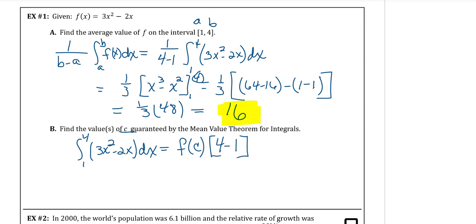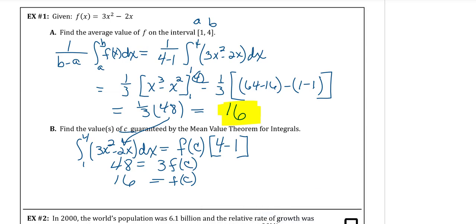We can use that to help us find f of c. We already know that the value of our integral is 48. So 48 equals 3 times f of c, so f of c is going to equal 16. Now we can use that to find our c.